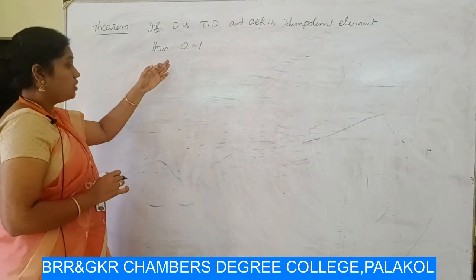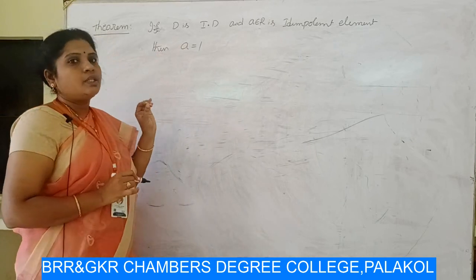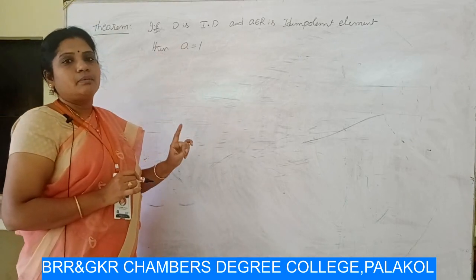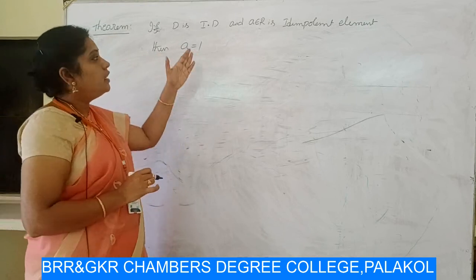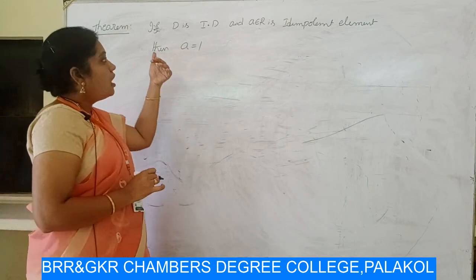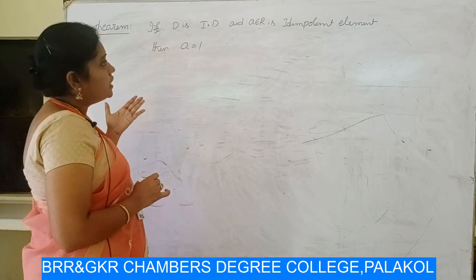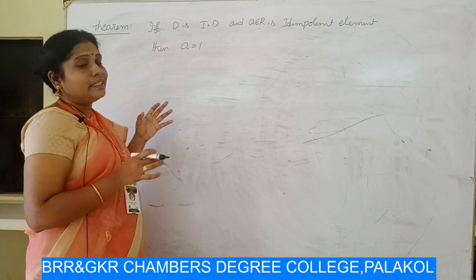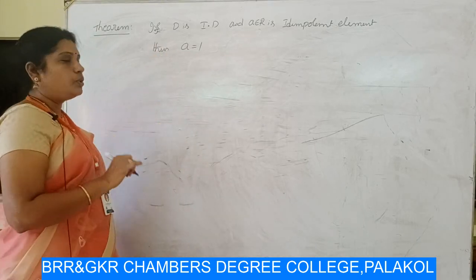Then it is equal to the unity element. That means an integral domain has only one idempotent element, that is the unity element. Just we have to prove that the unity element is the idempotent element of an integral domain. This theorem tells that an integral domain has only one idempotent element, that is the unity element.